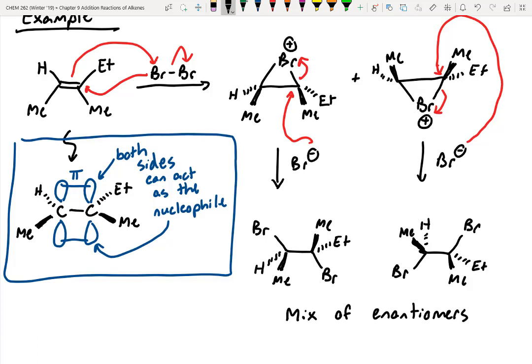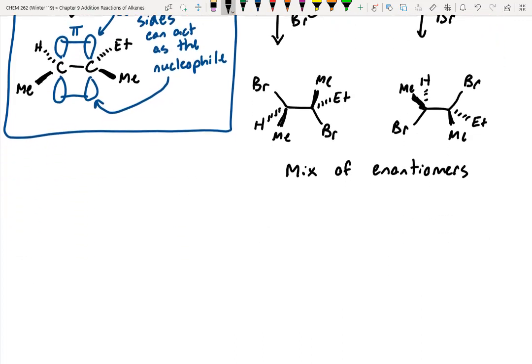If we hypothetically went through that carbocation mechanism, we would get 4 different theoretical products, but experimentally we know we only get 2. So that supports this bromonium ion intermediate taking place. Let's make a note of that.